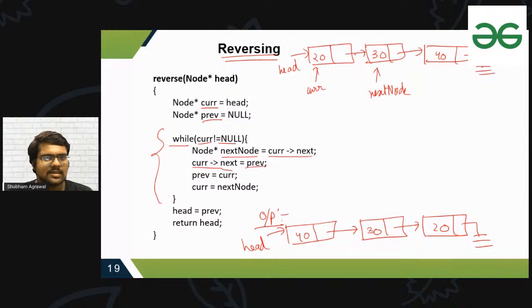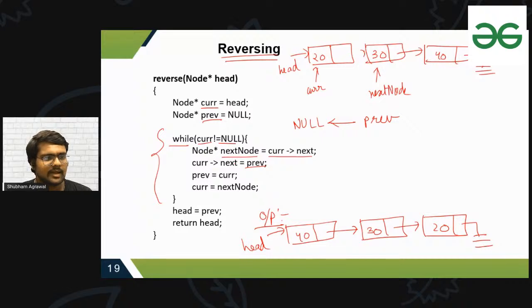Let's suppose null is there and it is pointed to by previous. Now the current next, which is here, will point to the previous. Previous is null, so current's next will be pointing to this null.